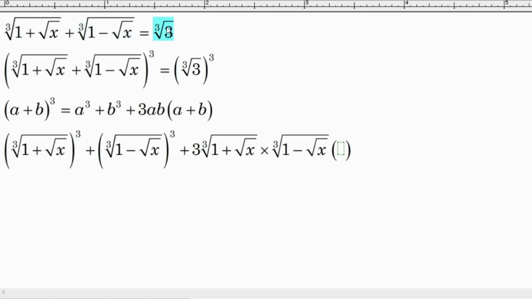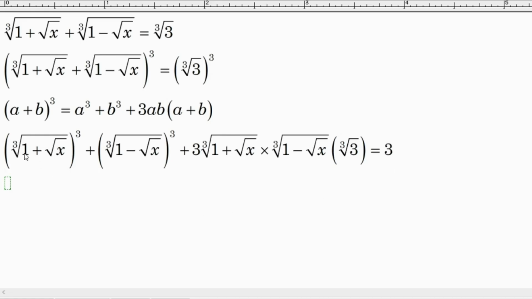So we can take cube root of 3 and substitute it into here, which is the value of a plus b equal to cube root of 3. Okay, and then we have cube root of 3 all raised to cube. So we can simplify the cube root with the cube here, and we will get 3.